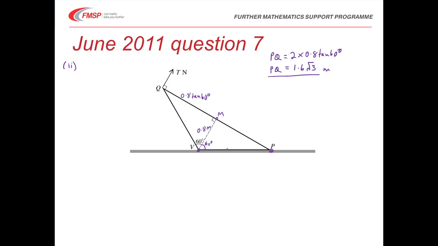That means that VP must be 0.8 divided by cos of 60. Cos of 60 is a half, so the top is 0.8 and the bottom is 0.5, which means that VP must be exactly 1.6 meters. Again, a useful little fact to know.